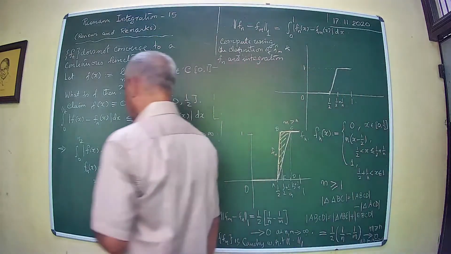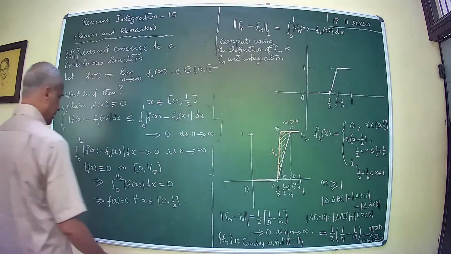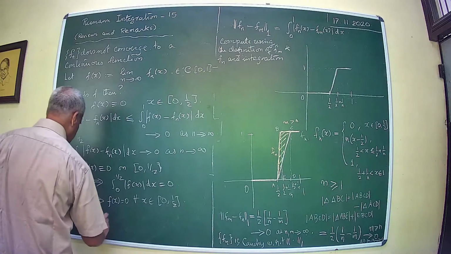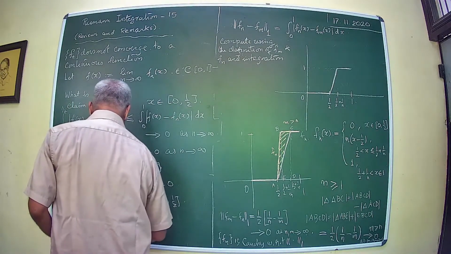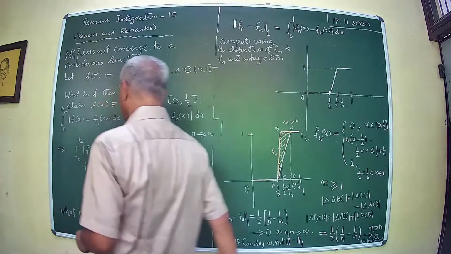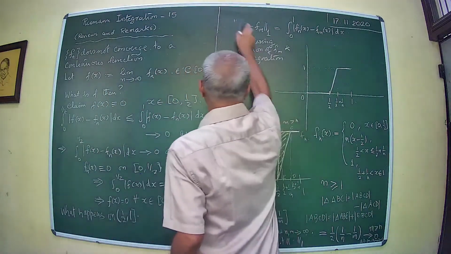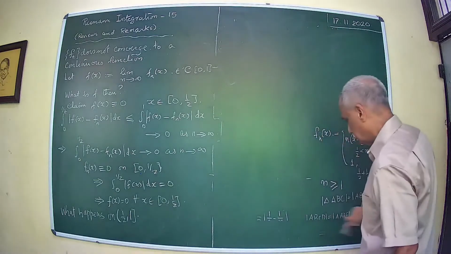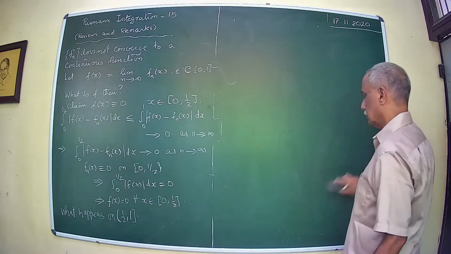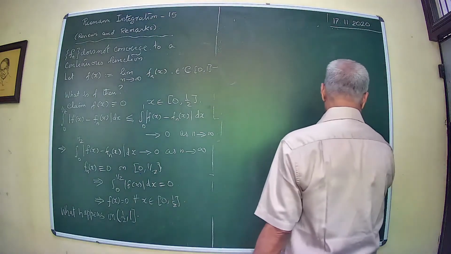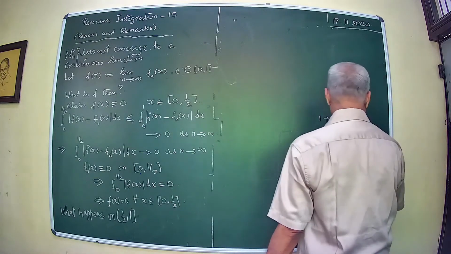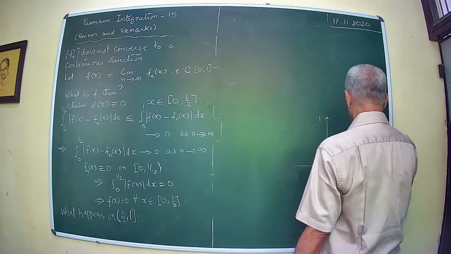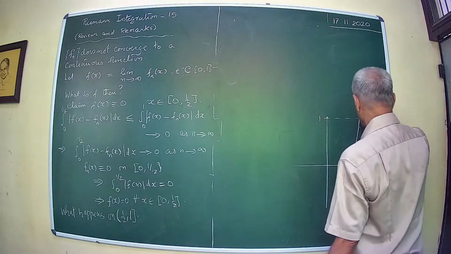Now what about the other part of the interval? On the other part of the interval, on half to 1, this is Fn.